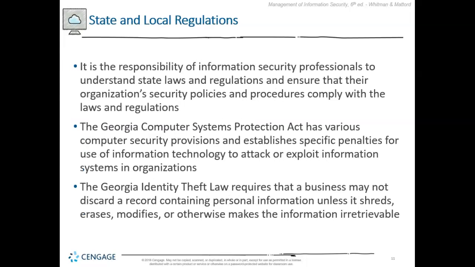As I said, each state has its own state and local regulations. So as a security professional, it's important that you understand within your state, within your municipality, what are the rules where information security may be covered under state laws.